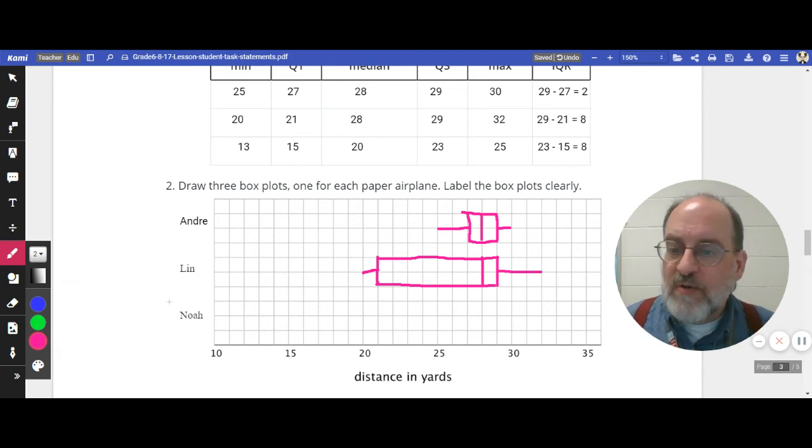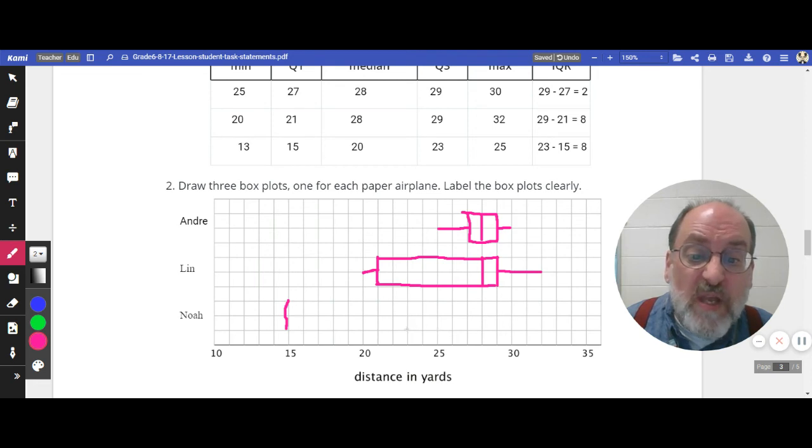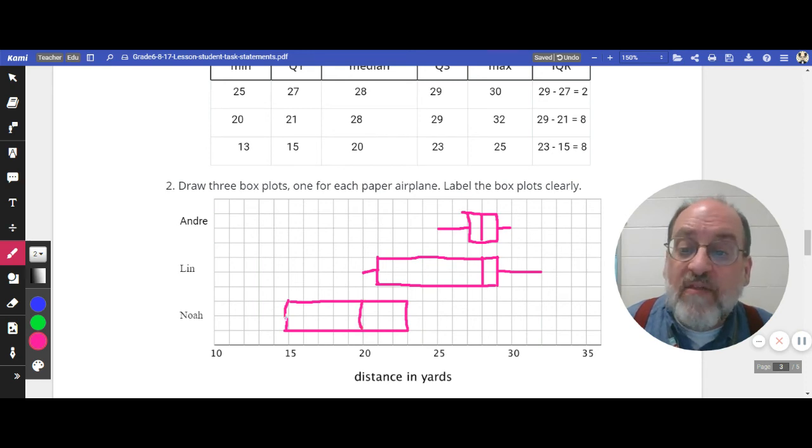All right, one more. Let's do Noah. We're going to start at 15. And then we're going to go all the way to 23. So that's what the box looks like. And the median is at 20. And the min is at 13, right there.